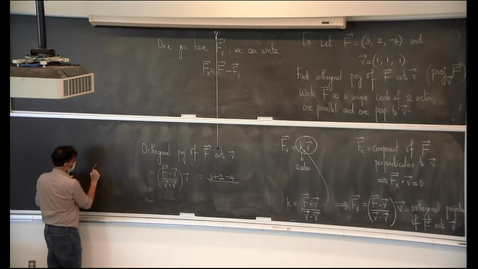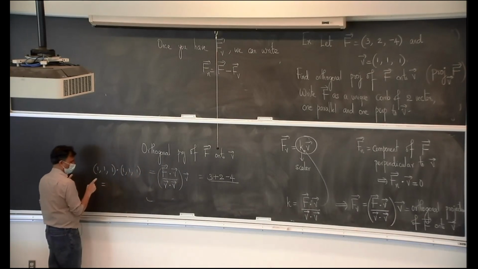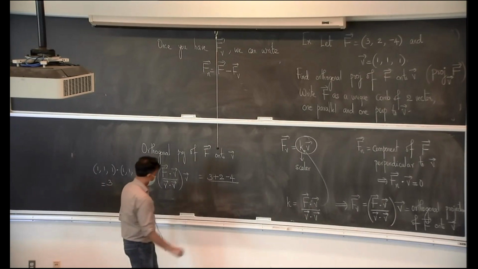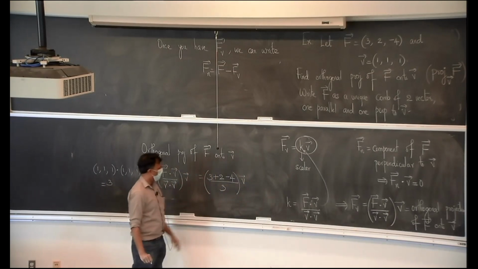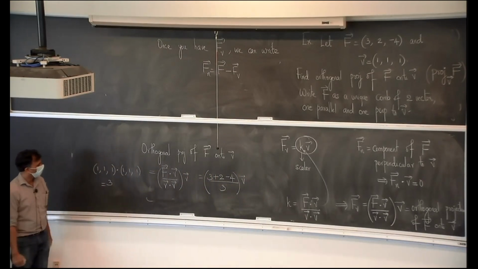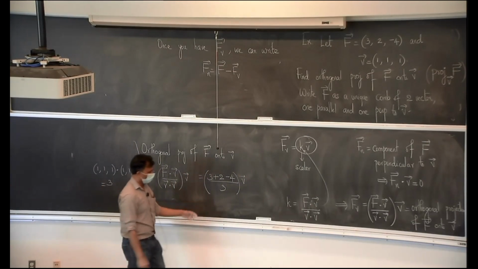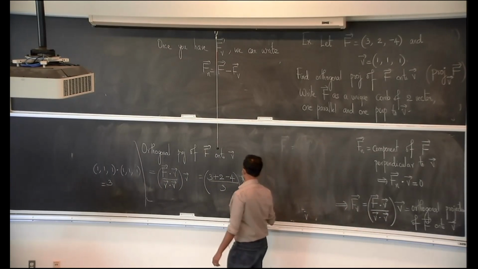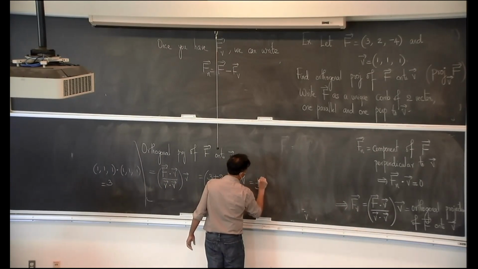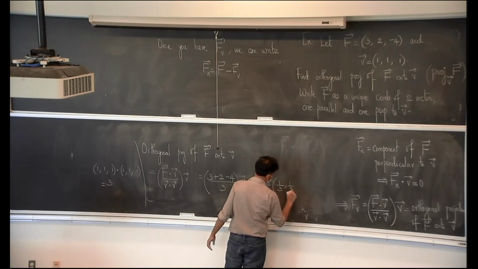V is 1, 1, 1 dot 1, 1, 1, and that's equal to 1 plus 1 plus 1, divided by 3, times the vector V. And that's 1/3 of V. And that's a pretty nice looking vector. That's just 1/3, 1/3, 1/3.